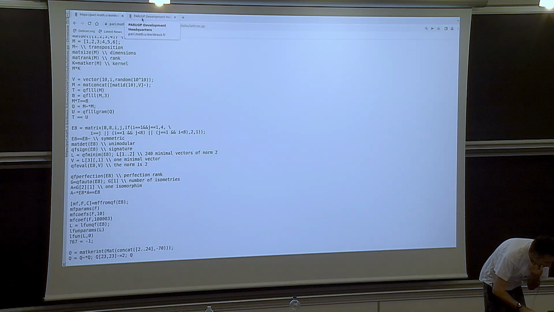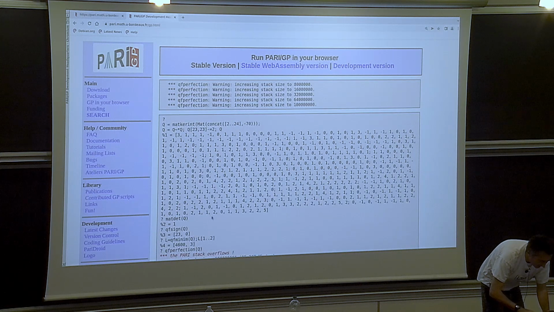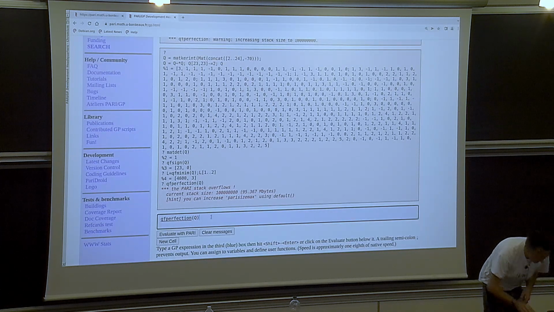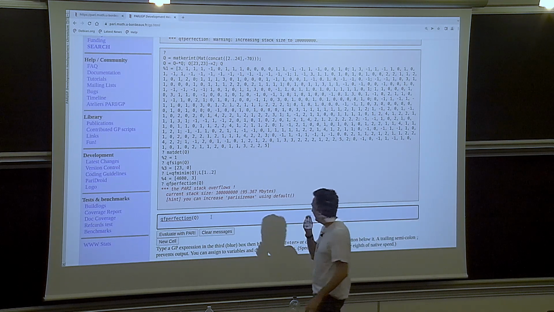Well, I skipped the minimal vectors because of QF perfection of Q. Oh no, this one didn't work. This one worked, but we will need a lot of memory.